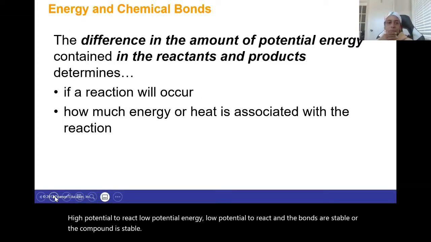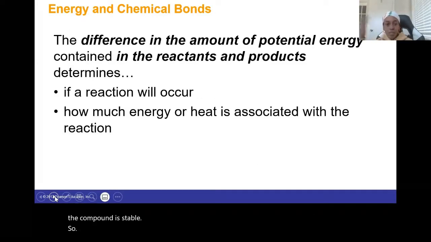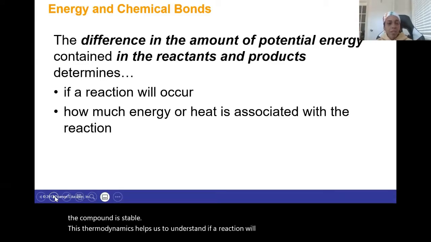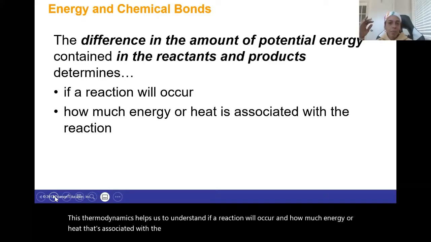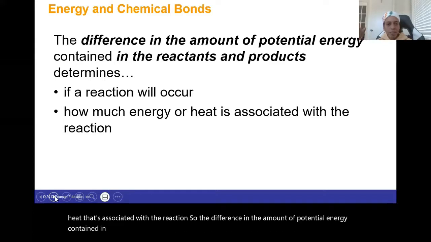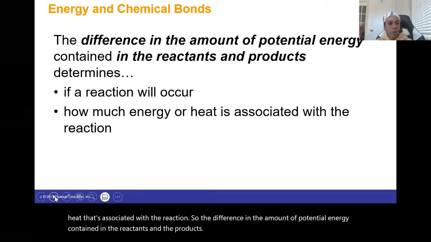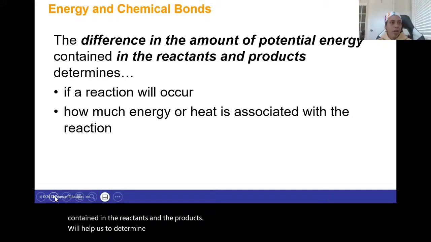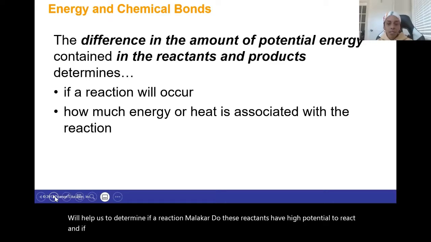So this thermodynamics helps us to understand if a reaction will occur and how much energy or heat is associated with the reaction. So the difference in the amount of potential energy contained in the reactants and the products will help us to determine if a reaction will occur. Do these reactants have high potential to react? And if so, what is the energy that's associated with the reaction?